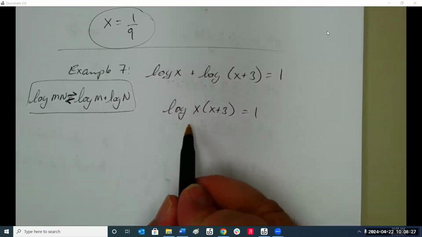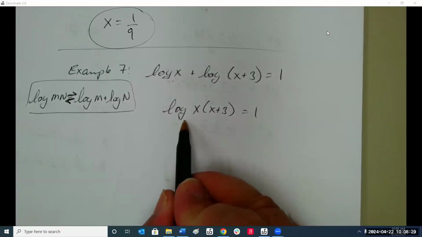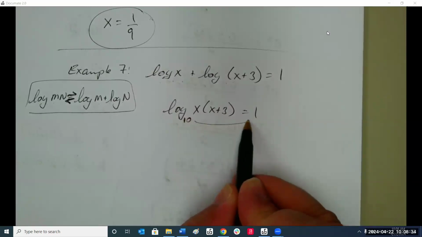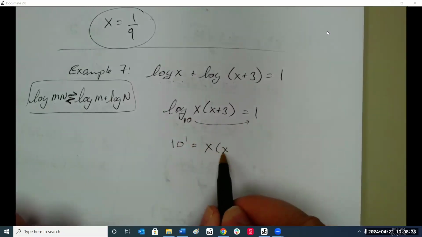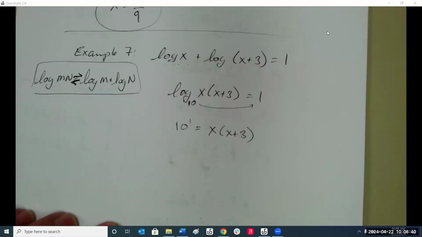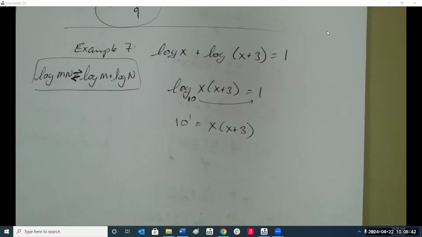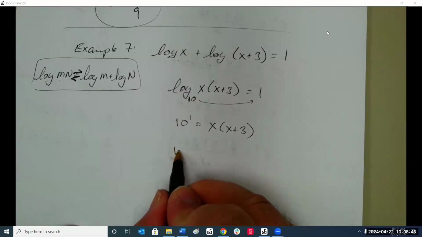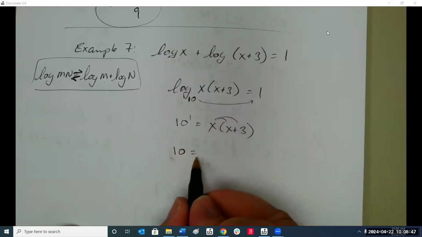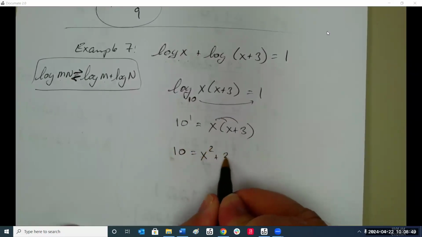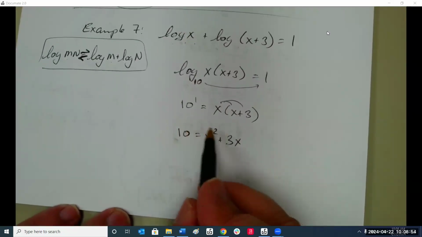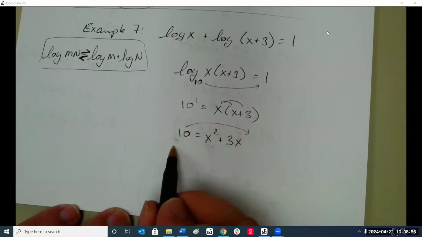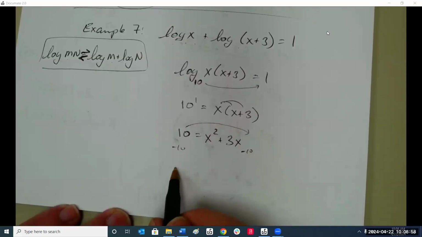Now what's the base here? Base 10. So it's 10 to the first equals x plus 3. So 10 is equal to x squared plus 3x. It's quadratic, so it has to be equal to 0. So I subtract 10 from both sides.